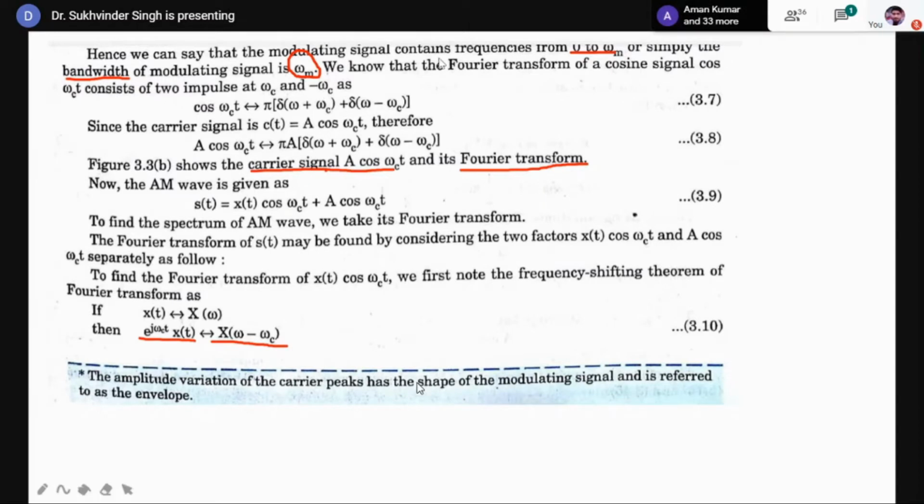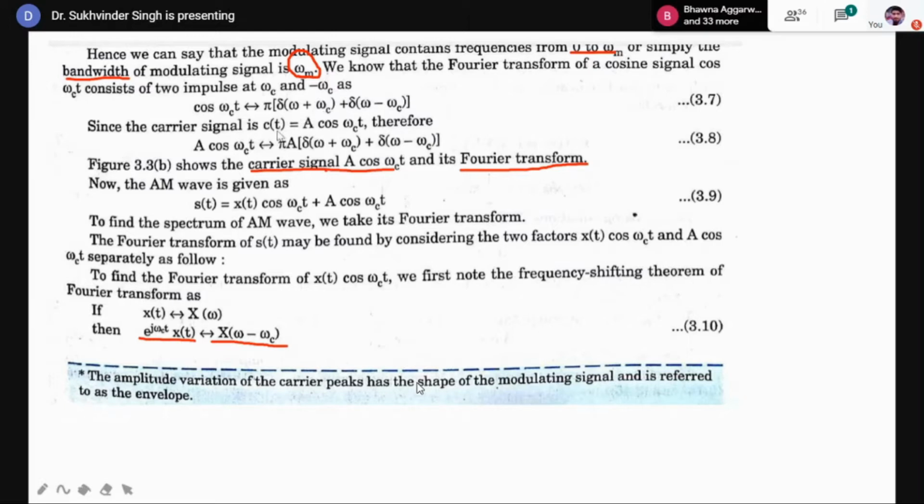So let us say that the cos omega ct is represented by small variation in frequency around these two impulses, omega c and minus omega c, and these small variations are given by omega plus omega c and omega minus omega c. Plus omega c and minus omega c are the two impulses present in the cosine function.